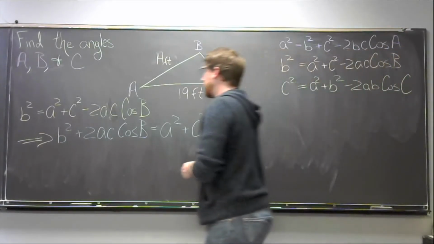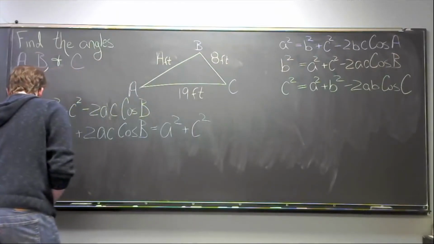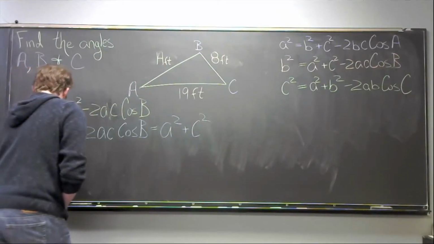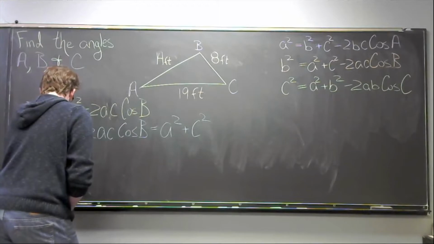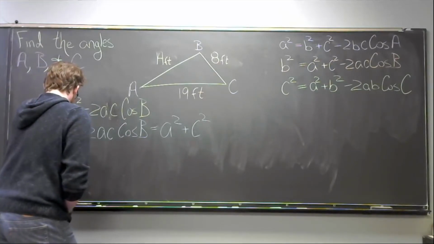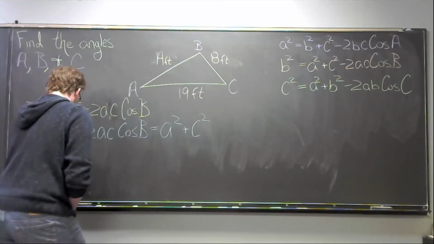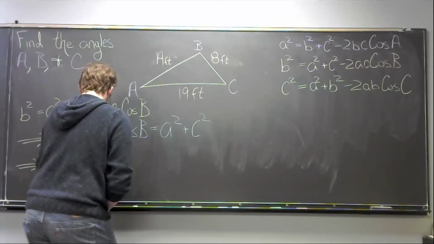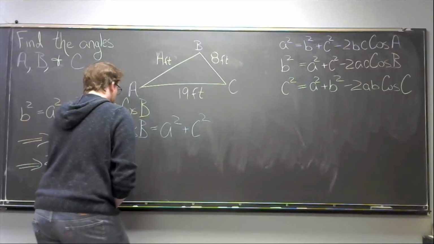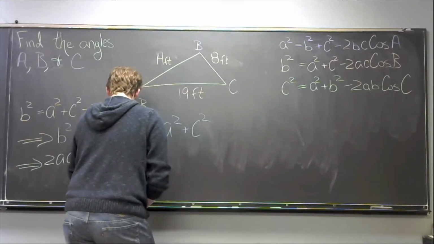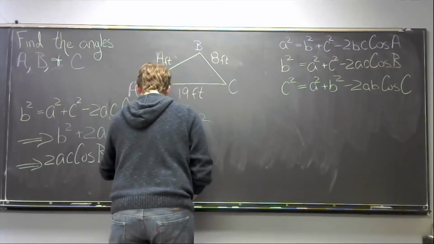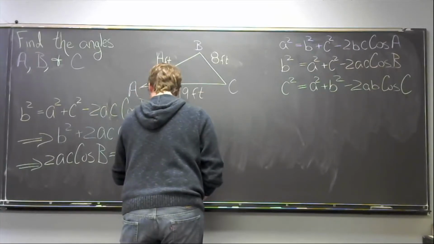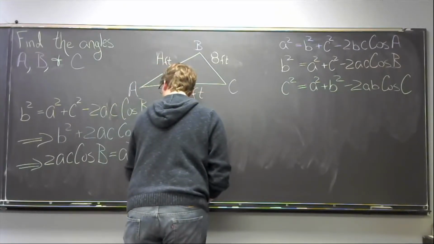Well, that means 2ac times the cosine of b is equal to a squared plus c squared minus b squared.